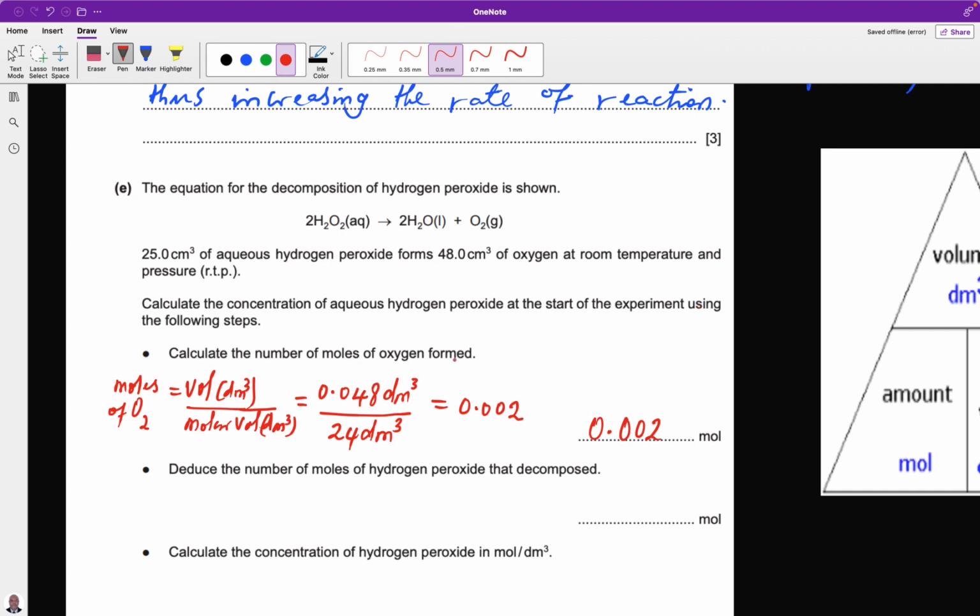From our equation, 2 moles of hydrogen peroxide give 1 mole of oxygen.